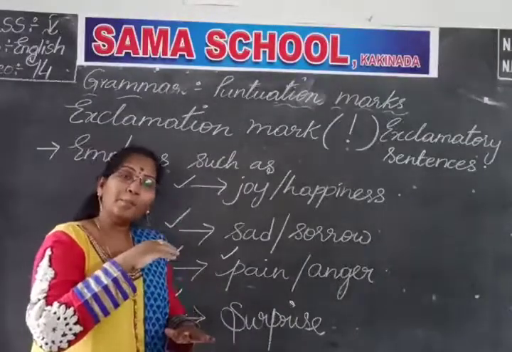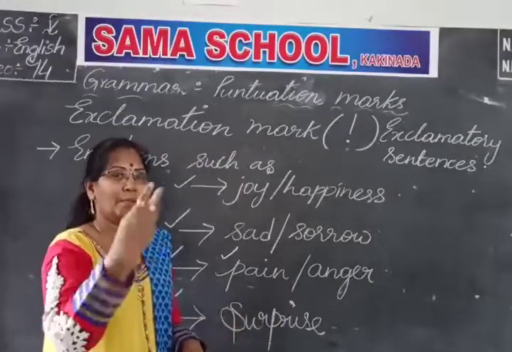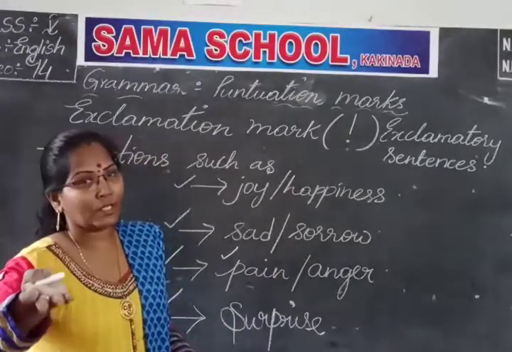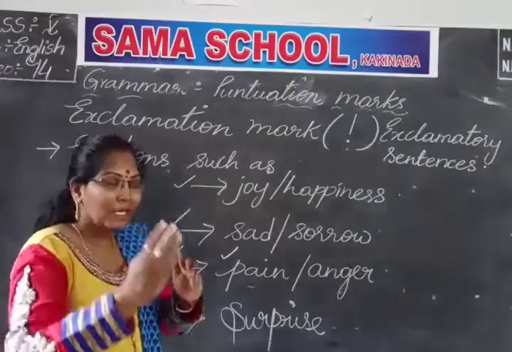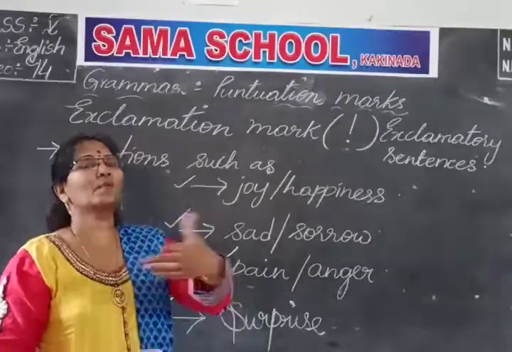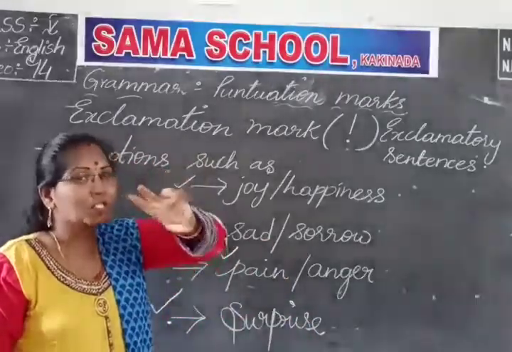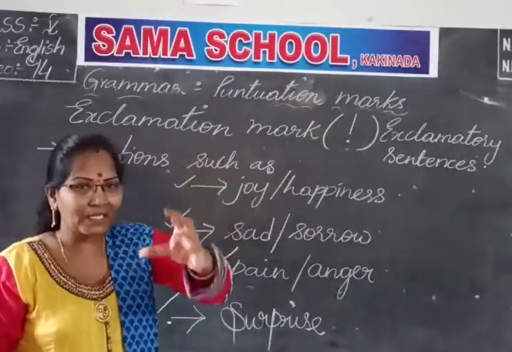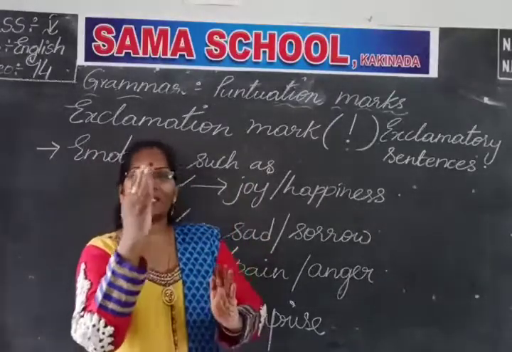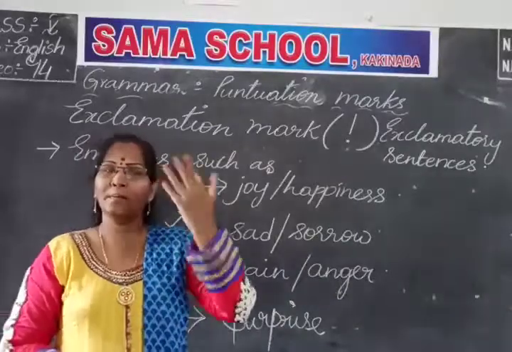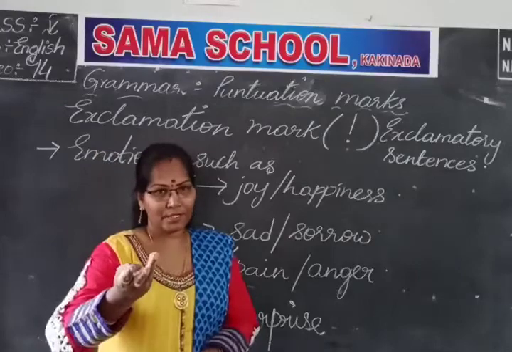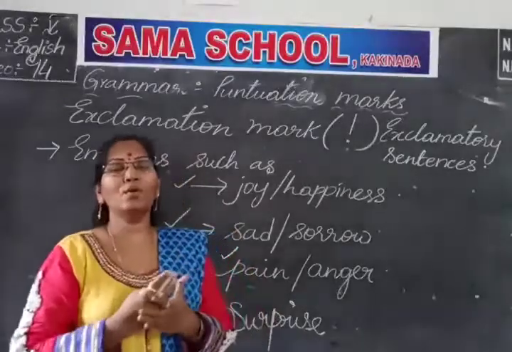Sometimes the word may start with WH, but it cannot be a question. You have to read the sentence, understand, and then identify which type of sentence it is. Those modulations you have to learn. When we read any sentence, whether it is an exclamatory sentence, or an interrogative, or an imperative, or an assertive sentence, those modulations you have to understand.